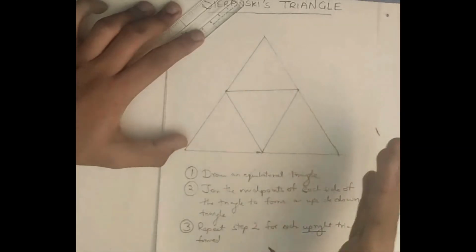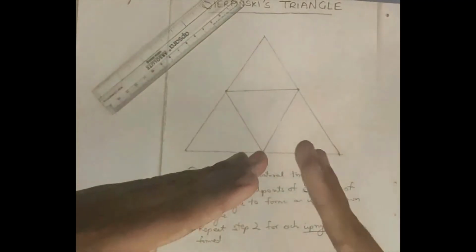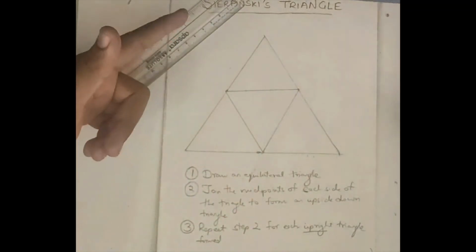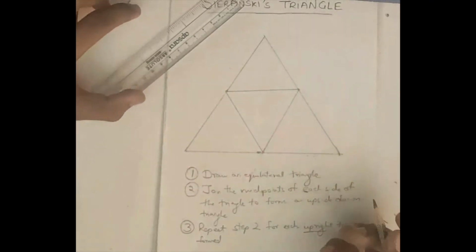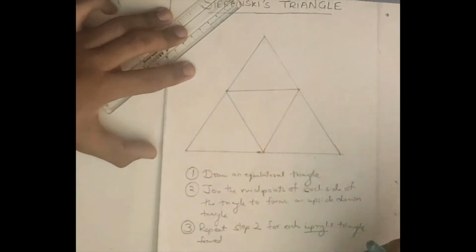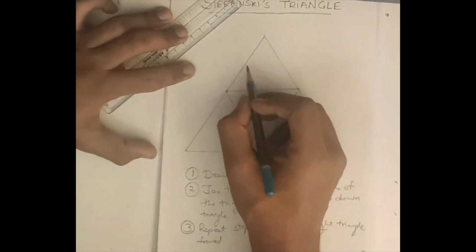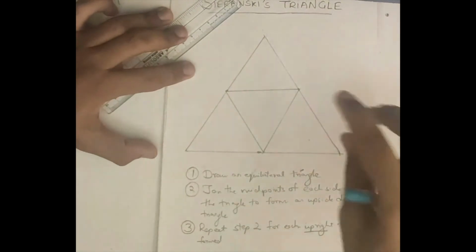Upright triangle means it should be facing on the top, so the point is upwards, like this. So every upright triangle drawn, you draw another triangle inside that upright triangle. So for example, here there are 3 upright triangles, and we'll ignore this triangle for now. Alright, so for each of these 3 triangles we'll draw a triangle inside each of them.